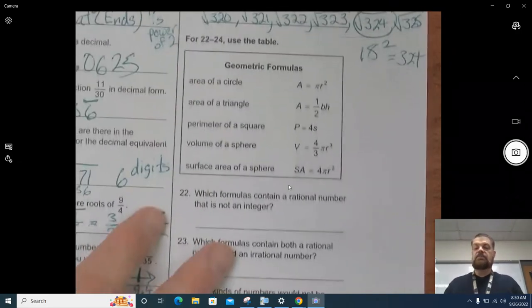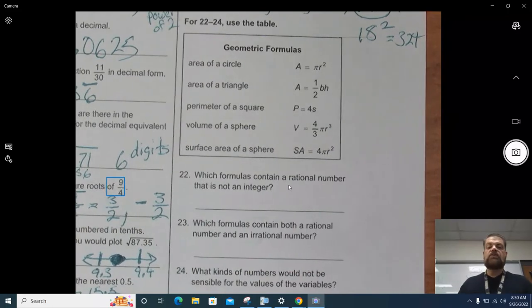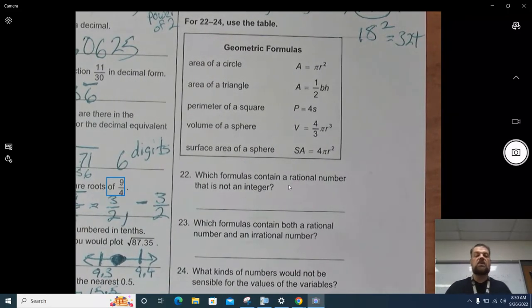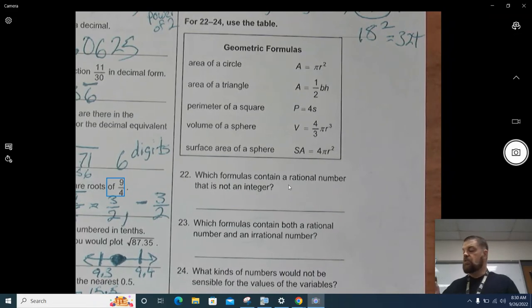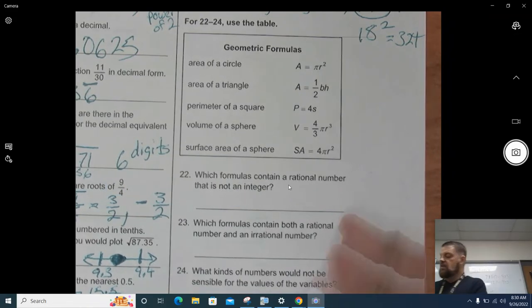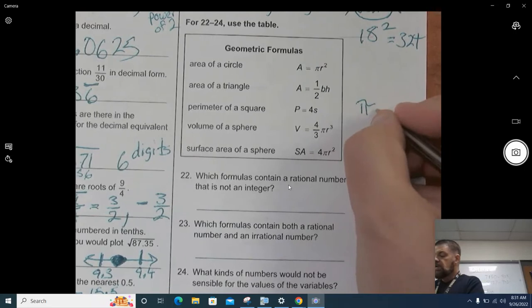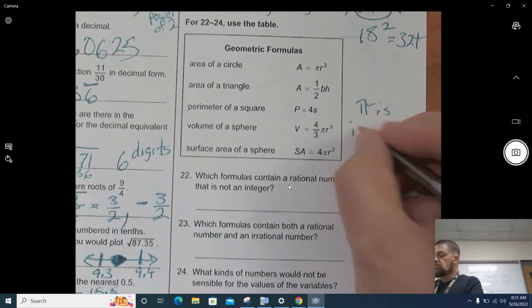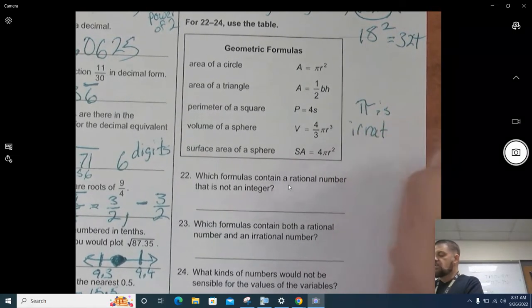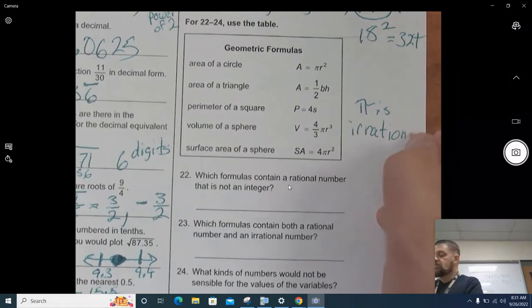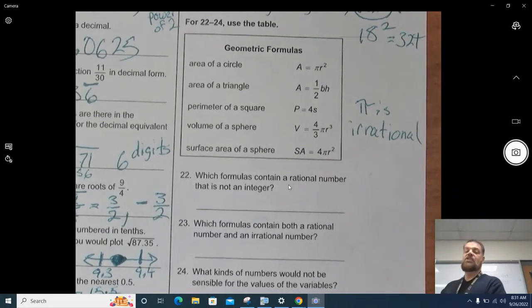Okay, moving on. It says, which formula contains a rational number that is not an integer? Okay, so here's the trick. Pi is irrational, right? It just makes bad decisions. No, that's a lame joke. Pi is irrational.